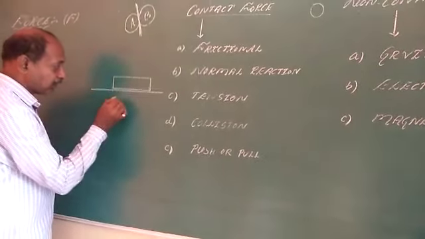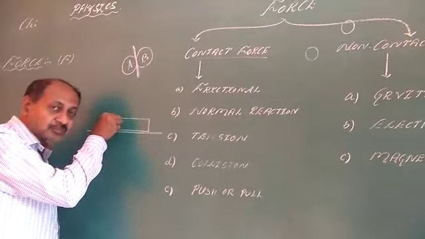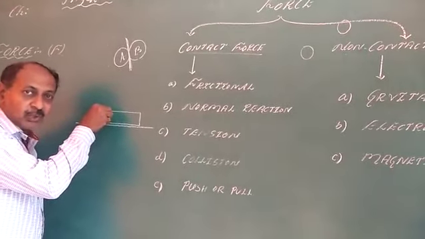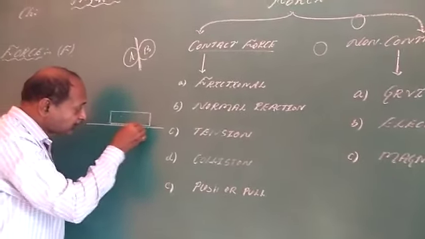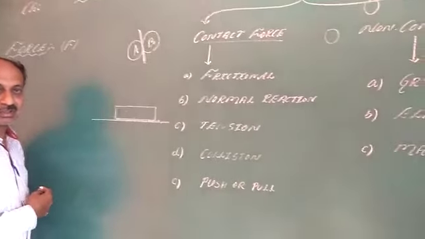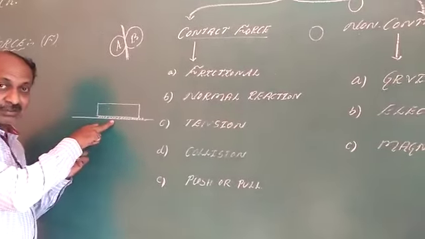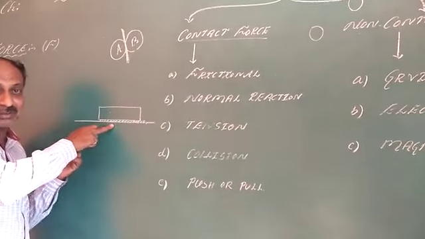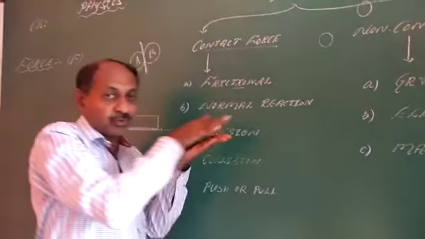There is a contact between the surface and the body. Here there is an opposing force. The force which opposes relative motion between each other is termed a frictional force.